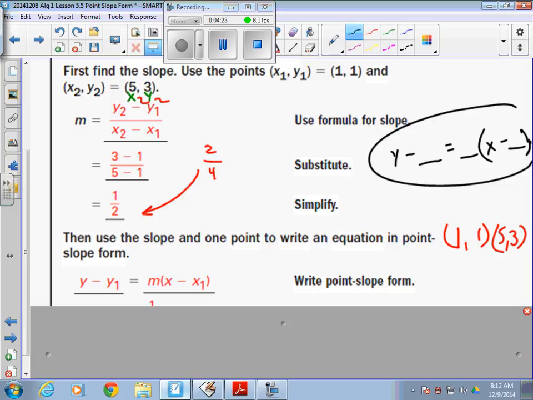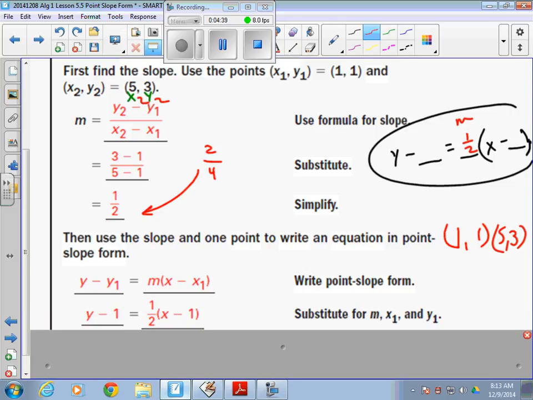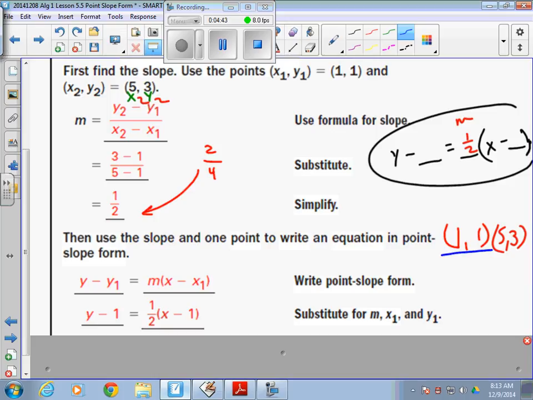And those minuses actually might change. The m value is going to be placed right here. We found the m value a second ago was 1/2. Your slope goes right outside that parentheses. And then your x and your y values are the opposites of whichever point we use. It says to use the first one, just according to this. So you're going to put the opposite of 1.